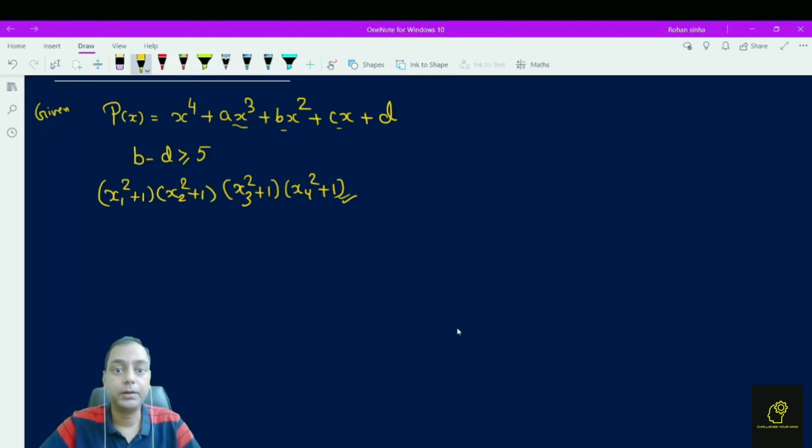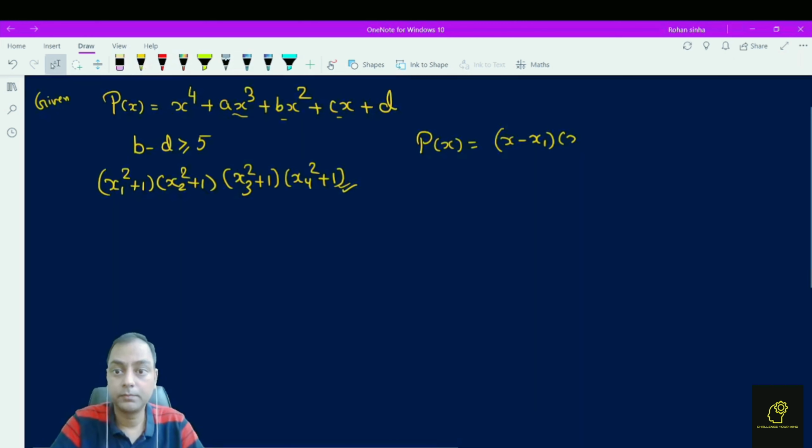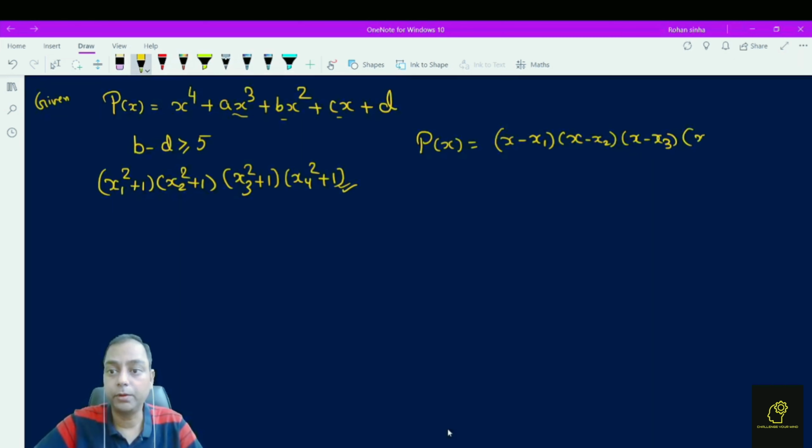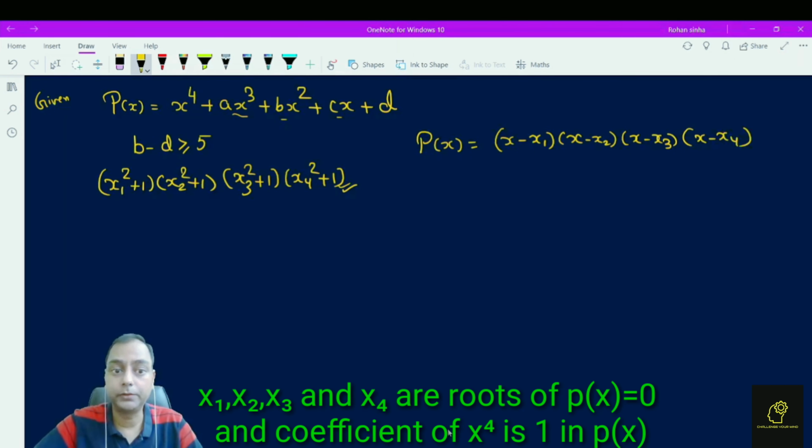We need to find the value of (x1^2 + 1)(x2^2 + 1)(x3^2 + 1)(x4^2 + 1). Now let us suppose, can we write P(x) as (x minus x1)(x minus x2)(x minus x3)(x minus x4). This is our P(x). Now let us suppose this is Q(x).